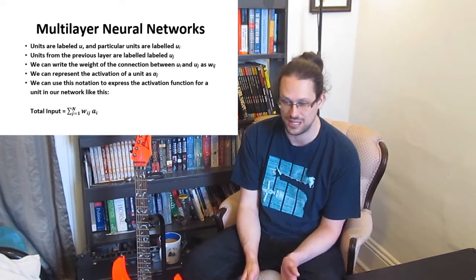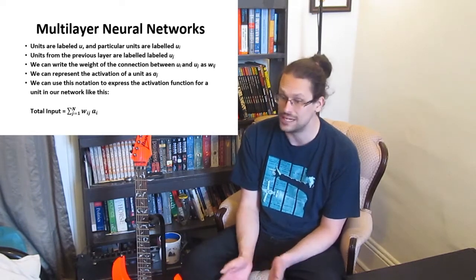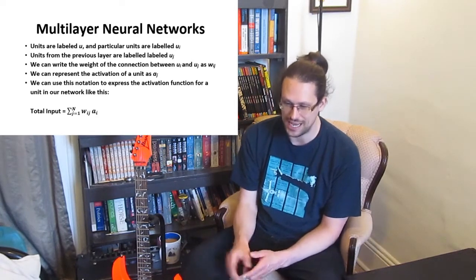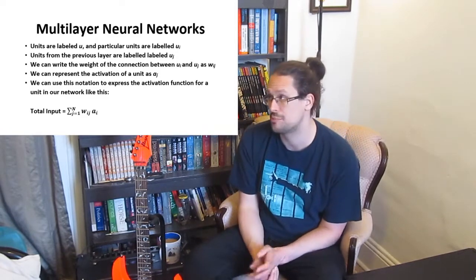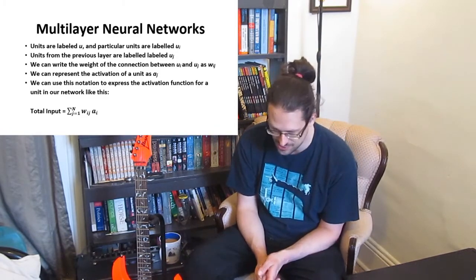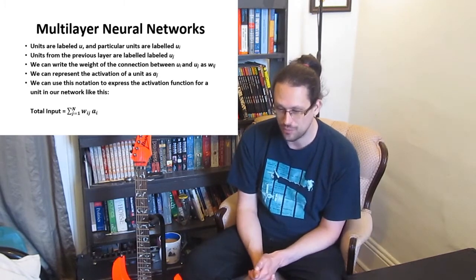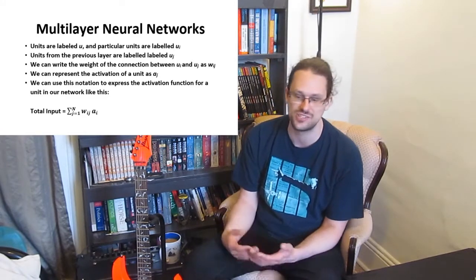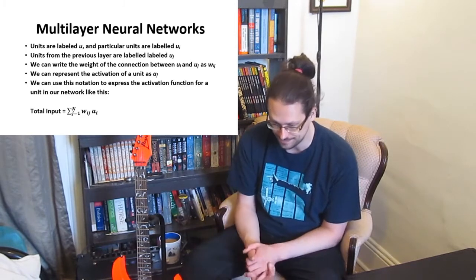Units from a previous layer are labeled U sub j, and we can write the weight of a connection between U sub i and U sub j as W sub ij. And we can of course represent the activation of one of these units with A sub i. Okay? So don't worry too much about all of these mathematical details. It's just a handy way of labeling units in our multi-layer network.